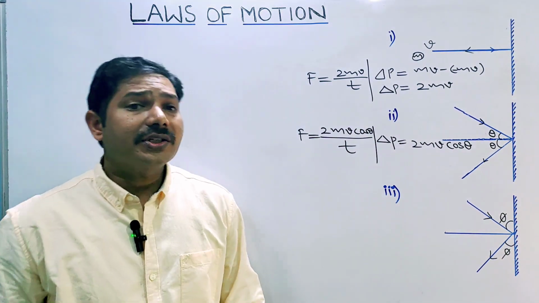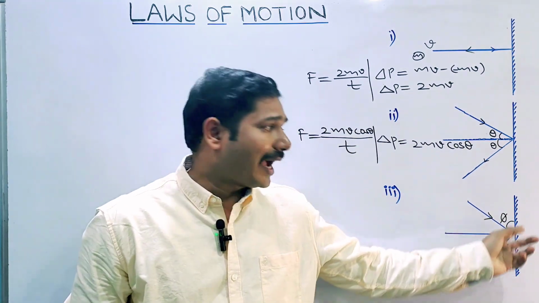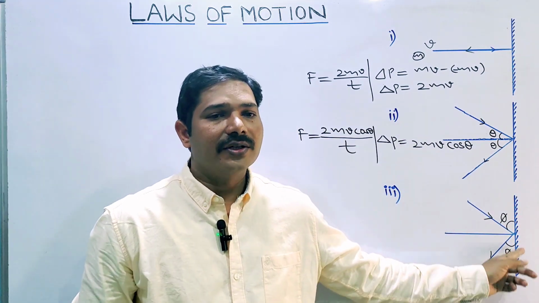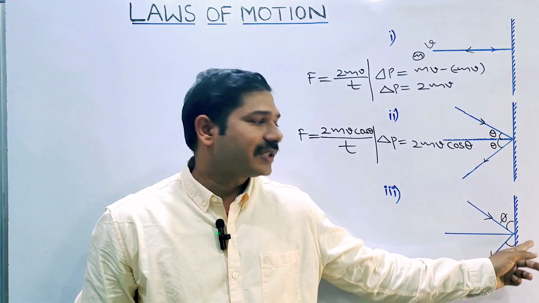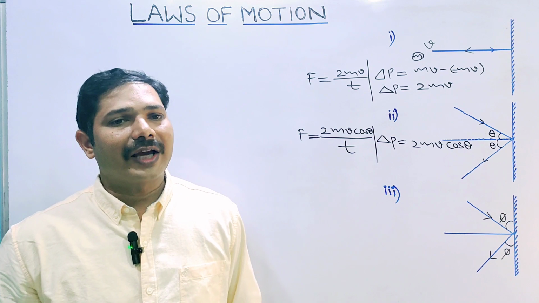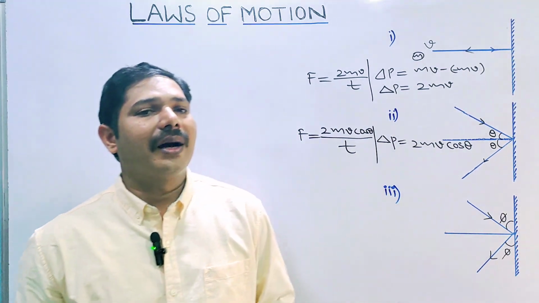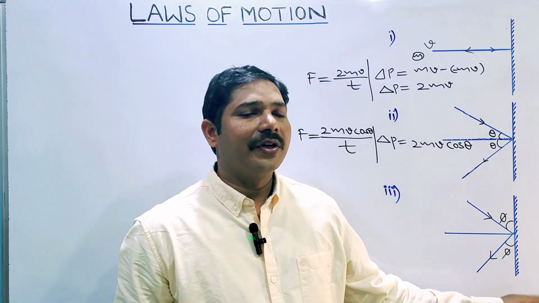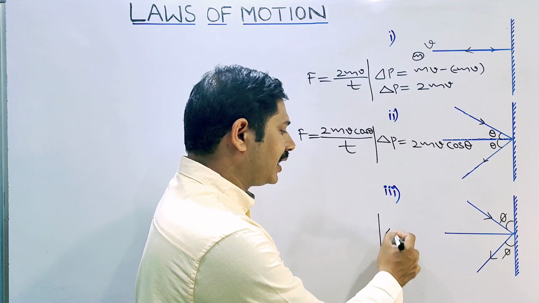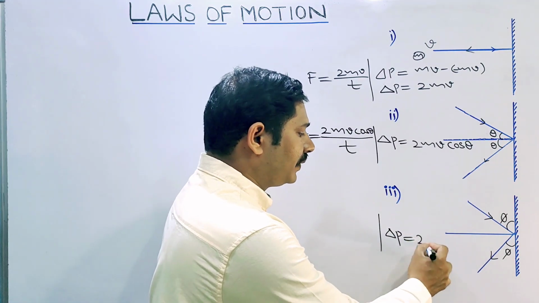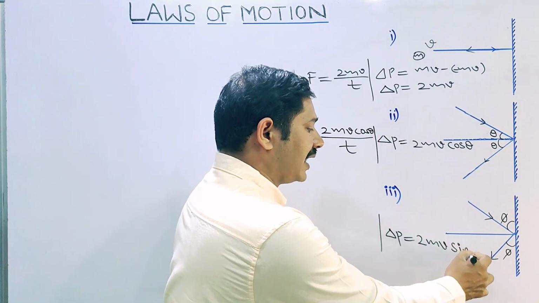Next, if the body makes an angle with the surface, say the angle is phi, then after hitting the rigid body it comes back with the same angle. The change in momentum, delta p, equal to, with the vertical component, 2mv sin phi.